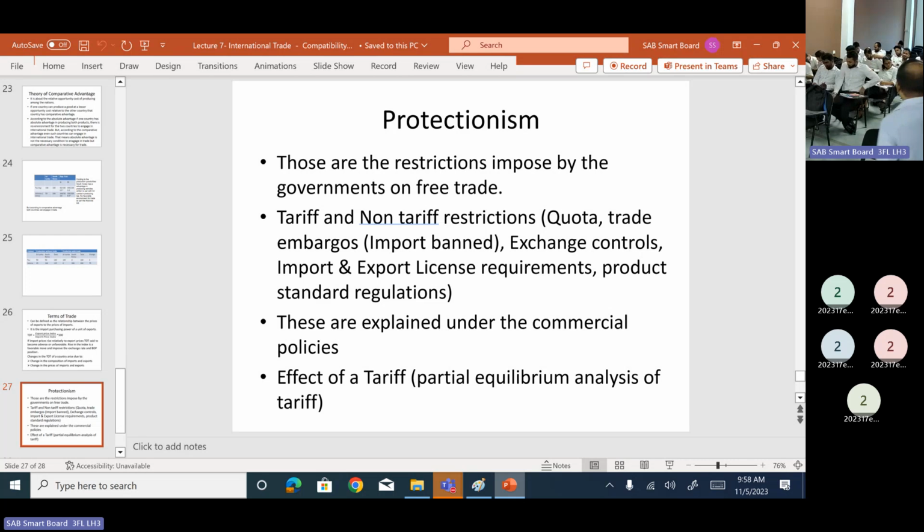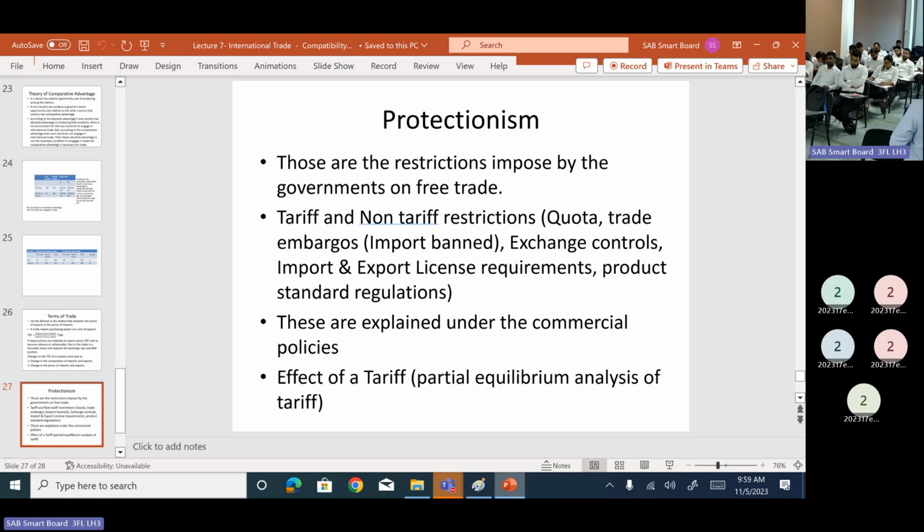All these theories highlight free trade, in order to benefit the member countries or trading partners. But we see restrictions imposed by governments in order to get more benefit for their nations, for the domestic country.